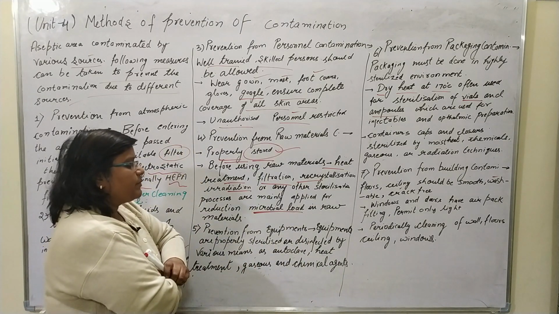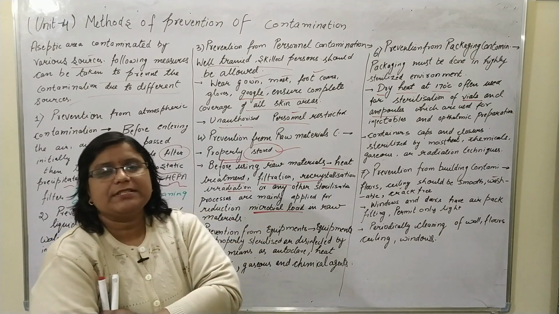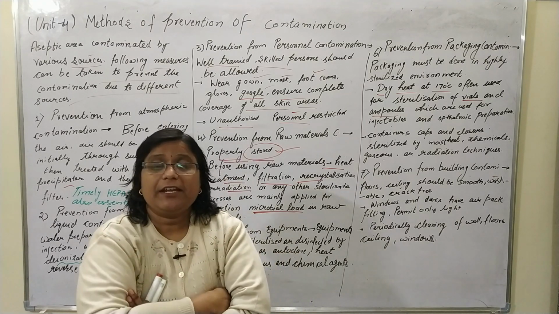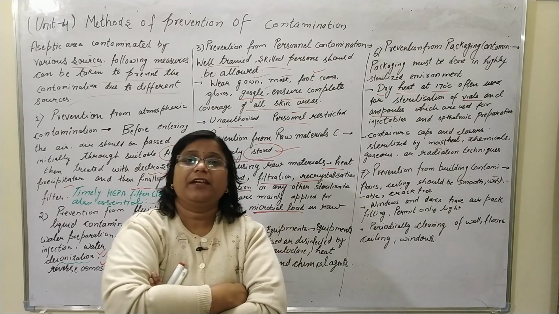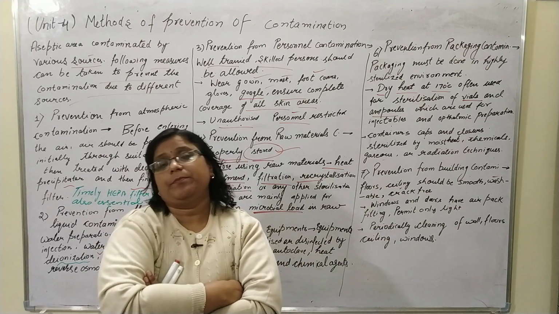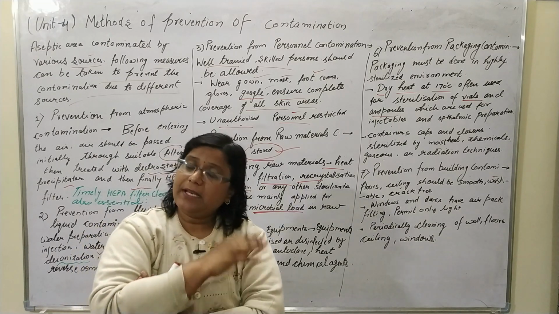Now the fifth is prevention from equipment. We have noticed that equipment is a main source of contamination. If we are doing the preparation in a container which is not properly sterilized or cleaned, it will produce contamination, or it will damage our complete batch.